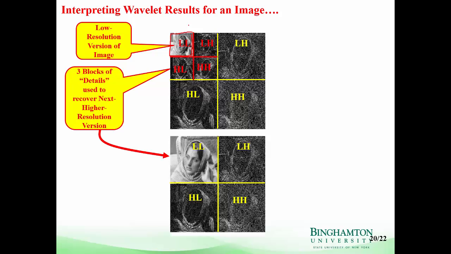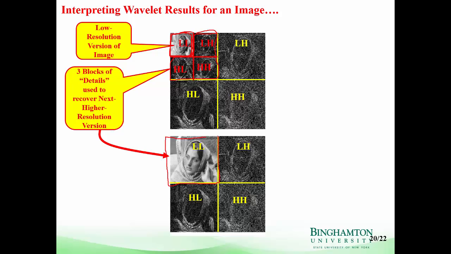So from these 4 blocks, we start with the lowest resolution that we're showing. We add in, quote unquote, in a very special way that we'll see in just a bit, the effects of those, and we get back to here.